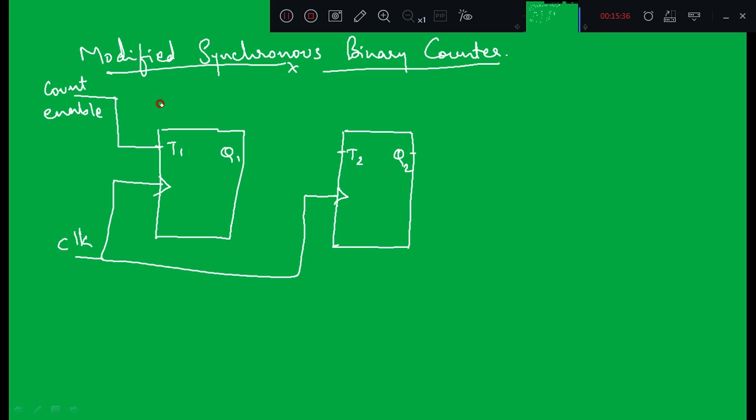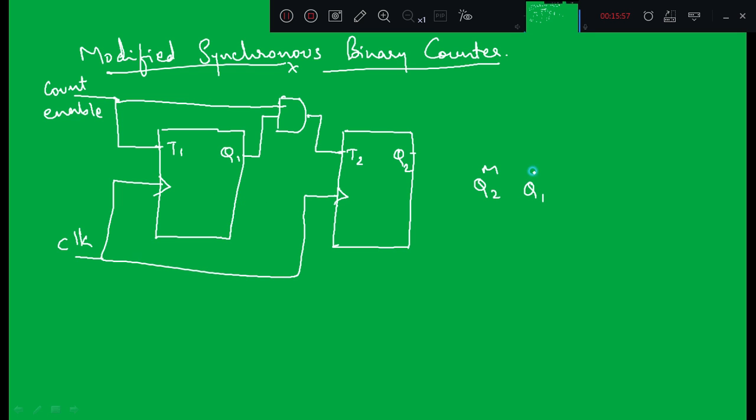So here what we can do, Q1 is connected to an AND gate, and count enable is also connected to the AND gate, right? And this output goes to T2, right? So what happens here? The same thing.